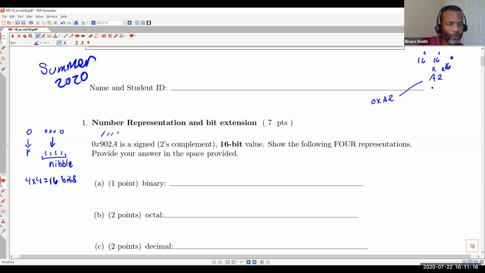So this is how we're going to do this simple conversion. We're going to turn this A back into a 10, and then do the multiplication suggested, and then 2 times 16 to the 0, which is just a 1. So this hexadecimal value is going to be 160 plus 2, or 162 in base 10.